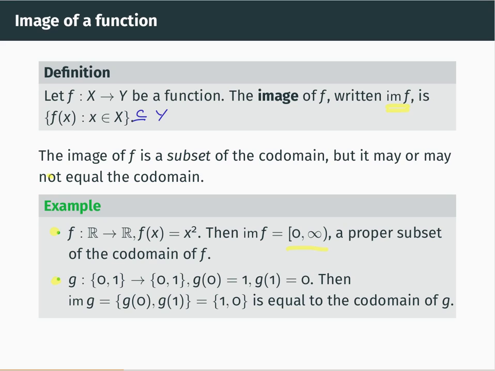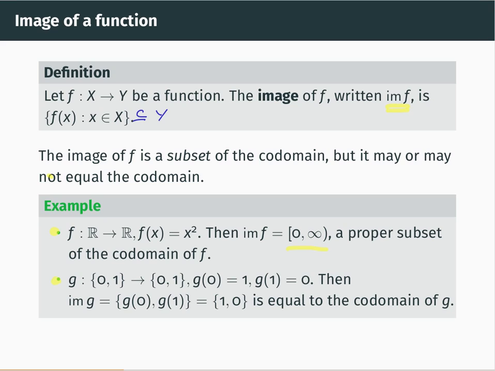Let's take another example. So here g is a function whose domain is the set containing 0 and 1, and whose codomain is the set containing 0 and 1. And the rule is that g of 0 is 1 and g of 1 is 0. Then the image of g, well in this case we can actually list the image of g. I mean, the image of g is the set of all things you can get by applying g to an element of its domain. In our case, the domain is only the set 0 and 1, so I can just list the two things in the image, which are g of 0 and g of 1.